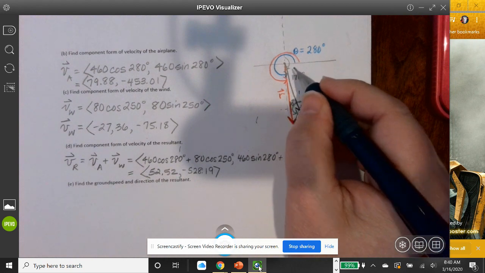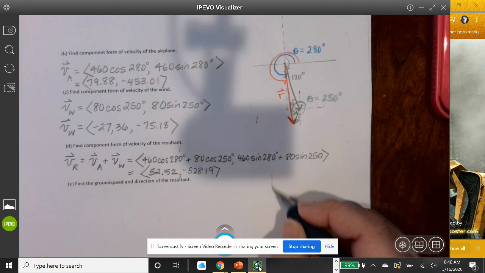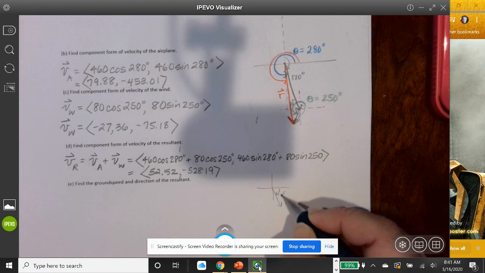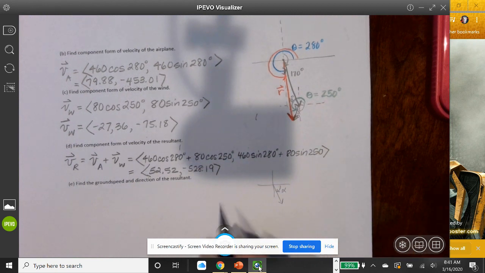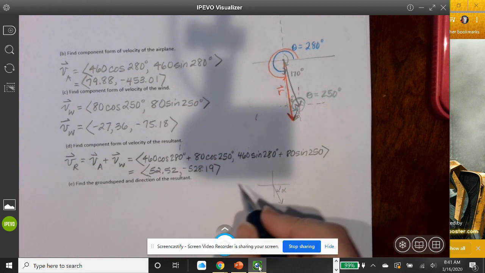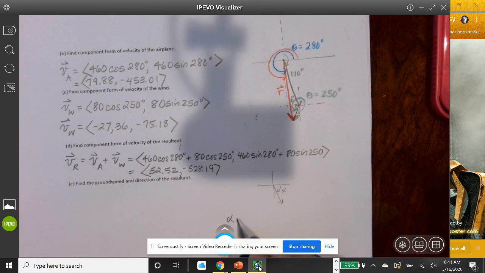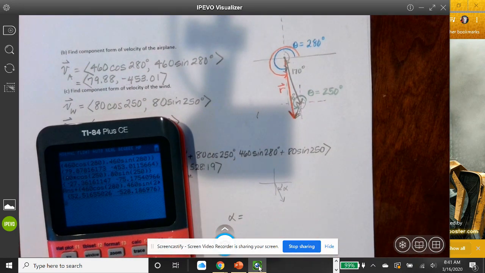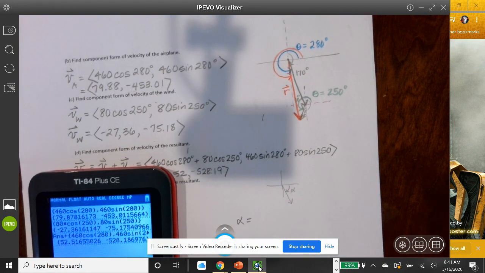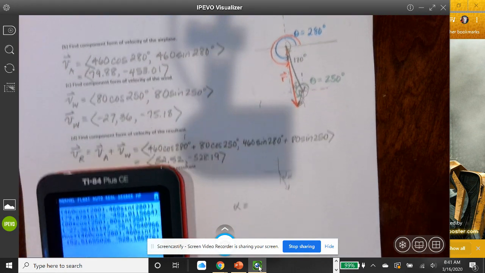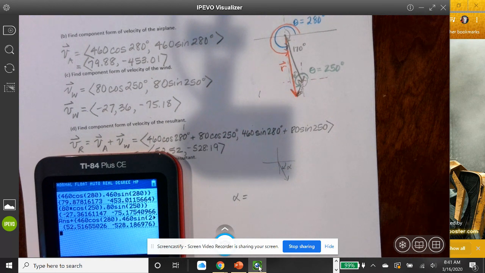So I need to find alpha. So basically, my resultant kind of looks like this, and I'm trying to find this alpha. Well, how do we find alpha? Well, remember, how do I do this? I store things in A and B. So we can go store.